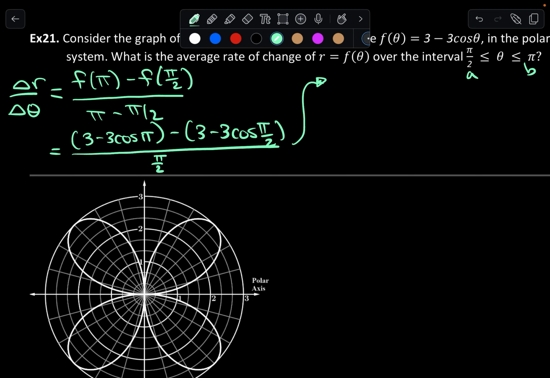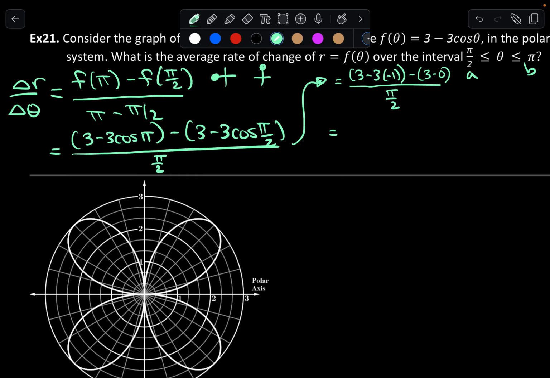Okay, so thinking about cosine of pi, that is going to be -1. So we have 3 minus 3 times -1. And then cosine of pi over 2, that will be 0. So we're subtracting that second part, so essentially we just have 3 minus 0. And this is all over pi over 2.